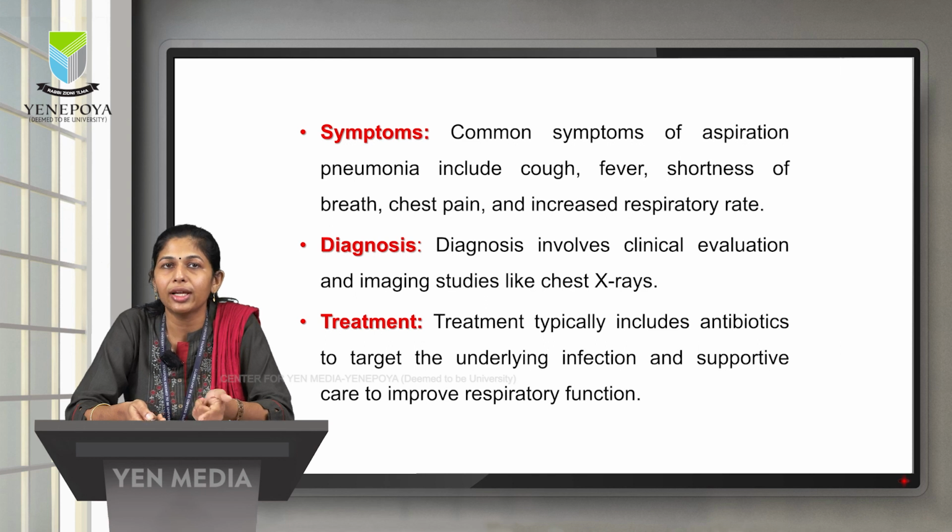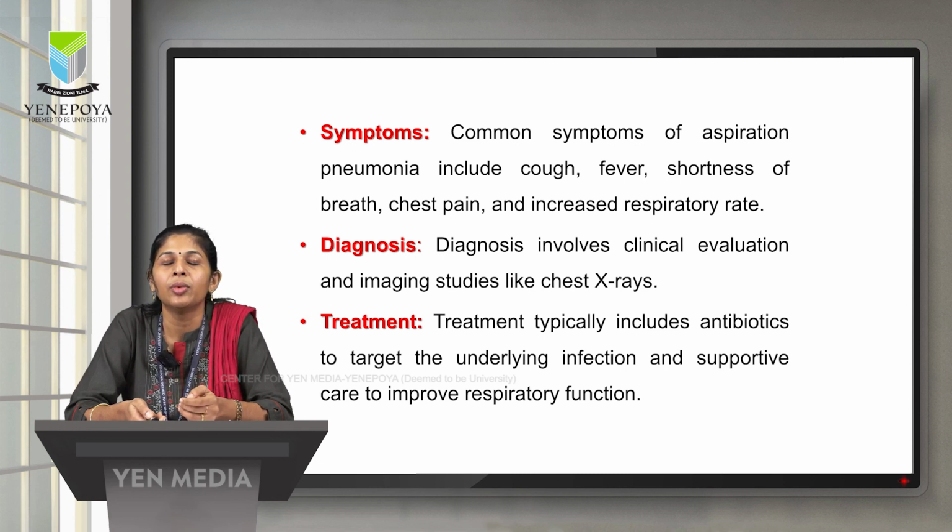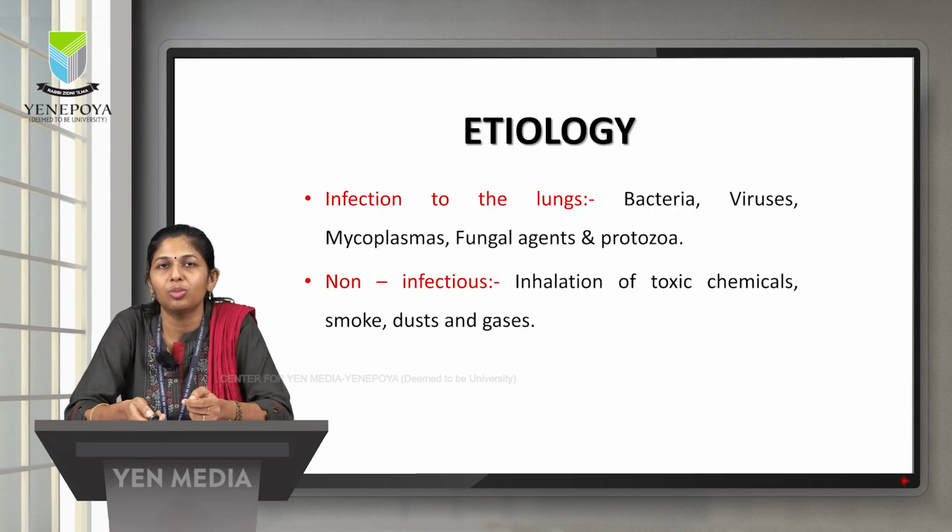How do we diagnose it? Diagnosis involves clinical evaluation and imaging studies like chest x-rays. Treatment typically includes antibiotics to target the underlying infection and supportive care to improve respiratory function. This is all about aspiration pneumonia.